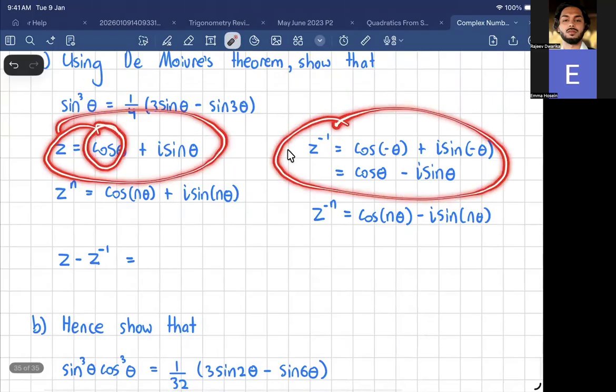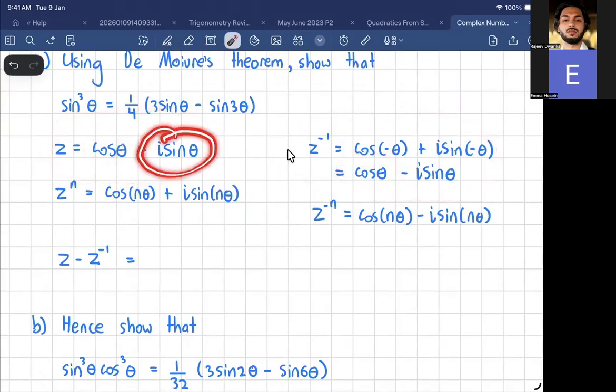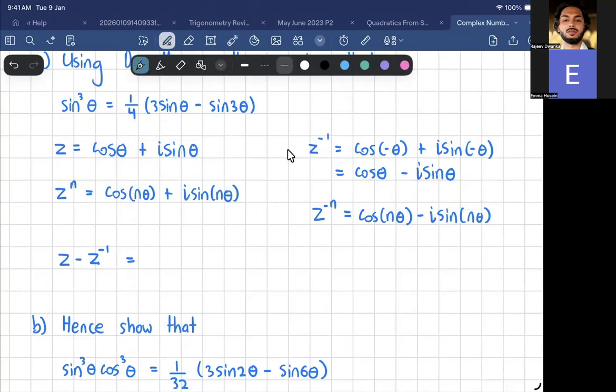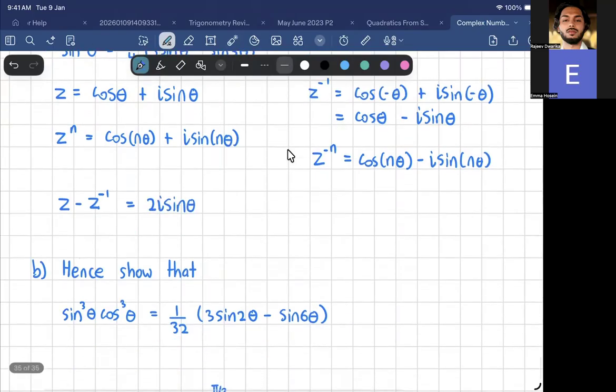So cos theta minus cos theta cancels off. And then we have i sine theta minus minus i sine theta. A minus by minus is a plus. So this is really plus i sine theta. So i sine theta plus i sine theta is 2i sine theta. So that is what z minus z to the power minus 1 is.